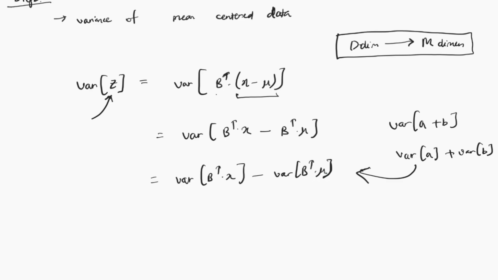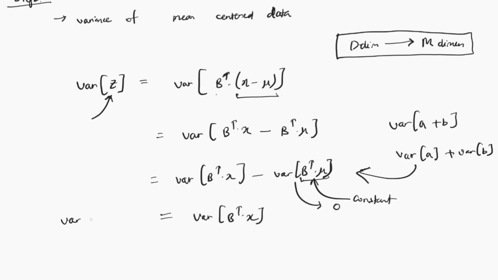Now you see, this mu is a constant. So you are just projecting a constant on some new dimension, and it will again be a constant. So when you try to capture the variance of a constant, it is always going to be 0. So variance of this will be 0 because it is a constant, and this term will remain.